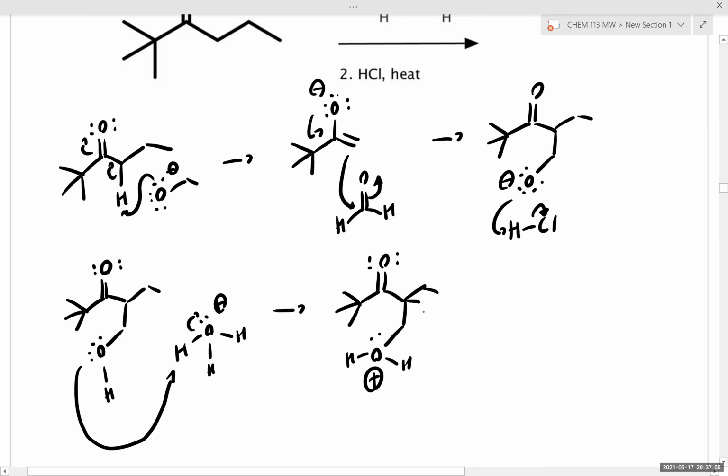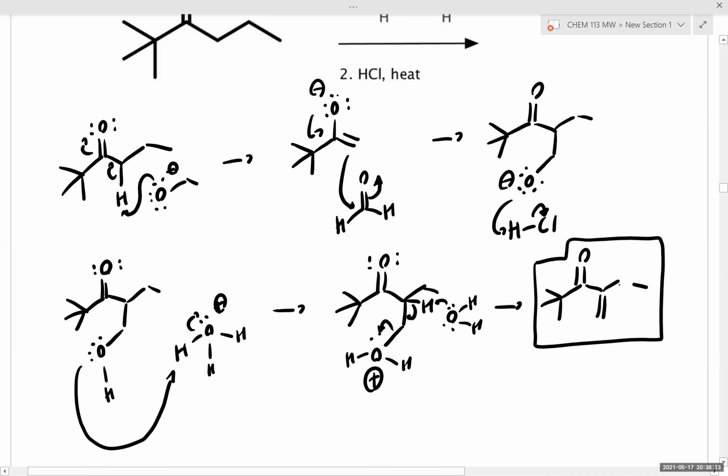Elimination, exactly right. We'll pull off our alpha proton and eliminate an equivalent of water. That in turn will give us our desired enone product. Though I would note that under the reaction conditions, this particular enone may isomerize.